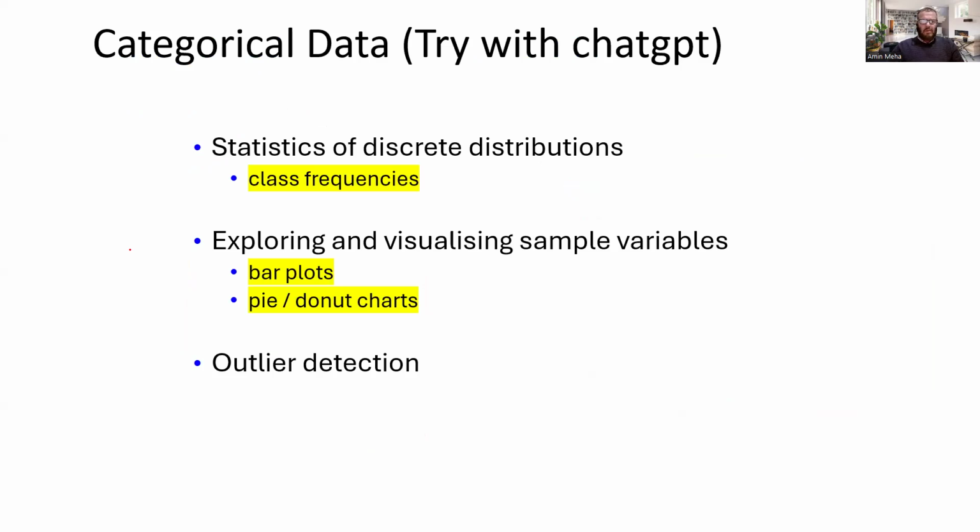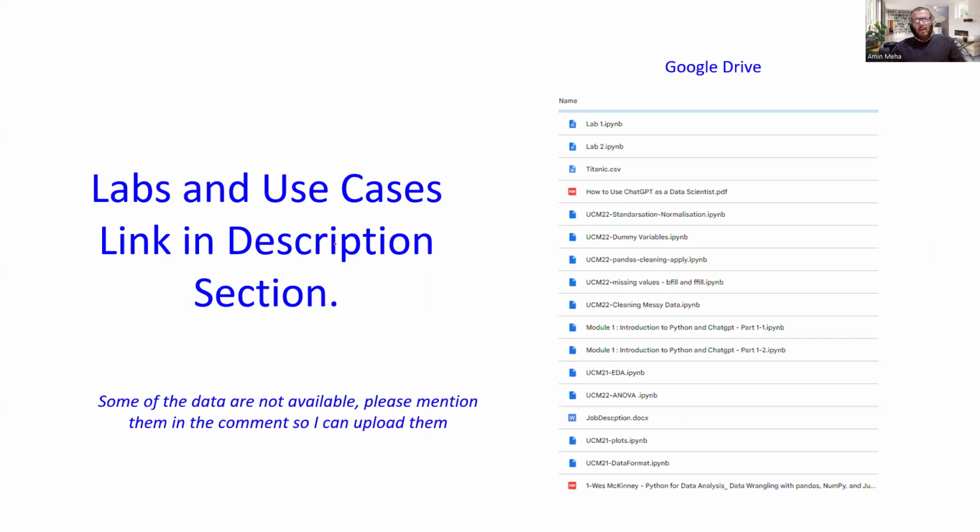We can do that. Statistics of discrete distribution, exploring and visualizing sample data using bar plot, pie plot, etc., using the auto detection and so on. And at the end of the day, we're going to have labs and use cases.